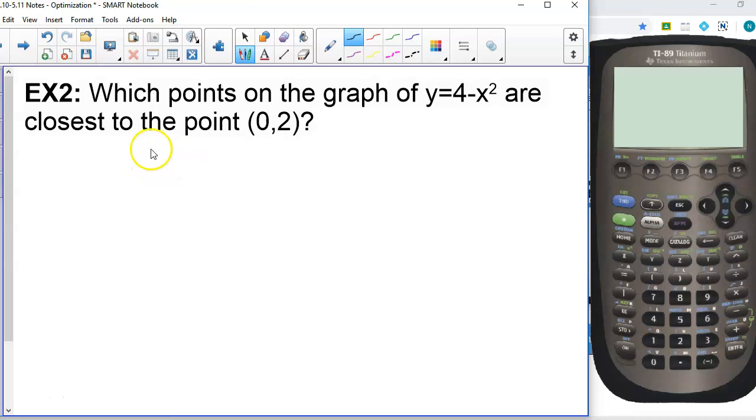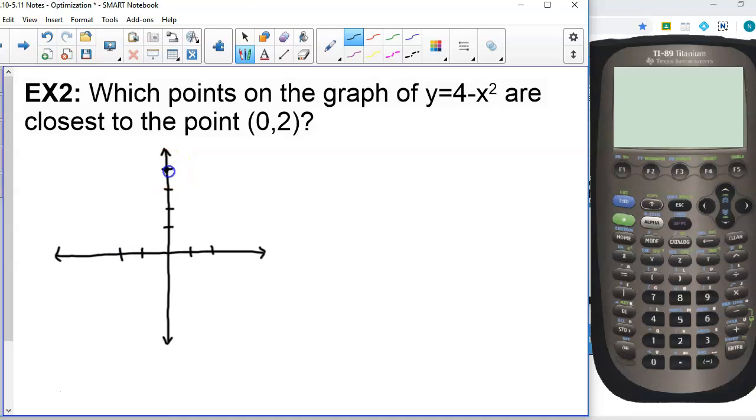Okay, so let's graph this one. This one is a pretty easy one to graph by hand. This is just an upside down parabola that has been moved up 4. So we just need 1, 2, 3, 4, 1, 2 over here on the x-axis to get what we really need.